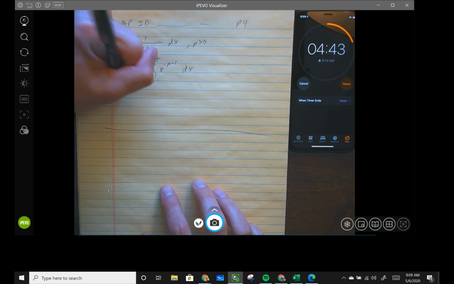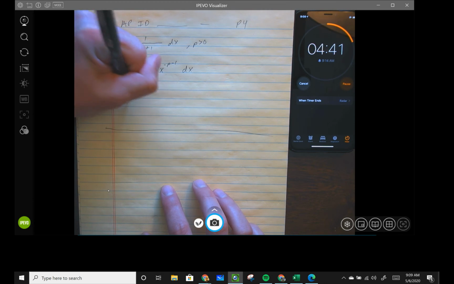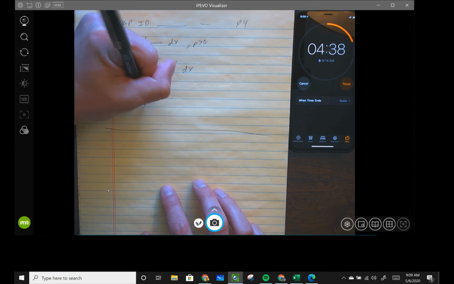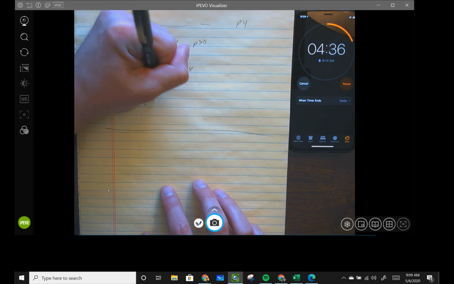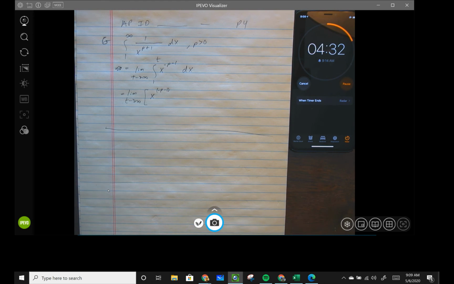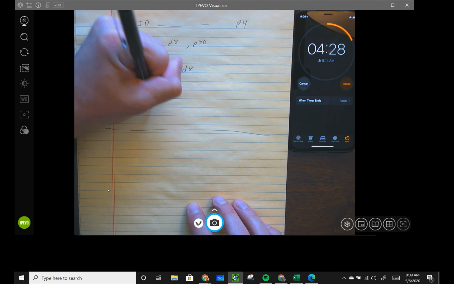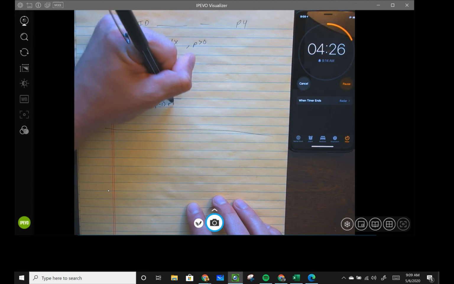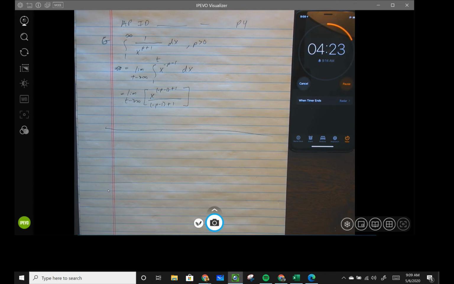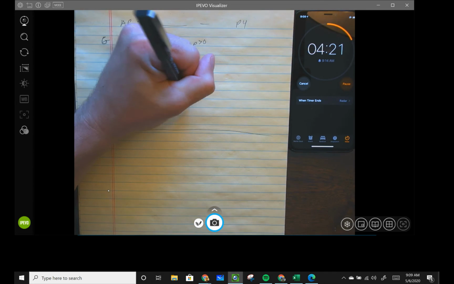So then now that equals the limit as t goes to infinity of x to the negative p minus 1. When you take the integral, you increase the degree, so you add 1, and then you divide by that same amount, negative p minus 1 plus 1. All right, from 1 to t.